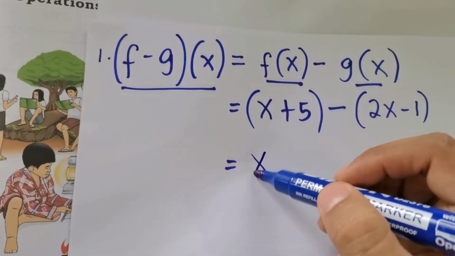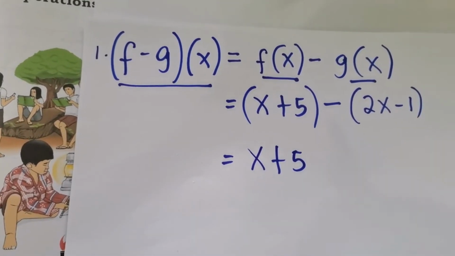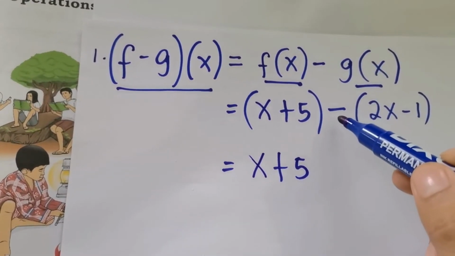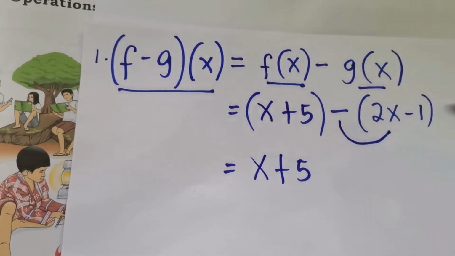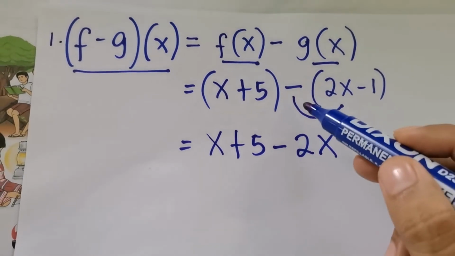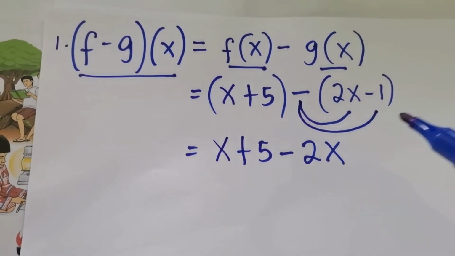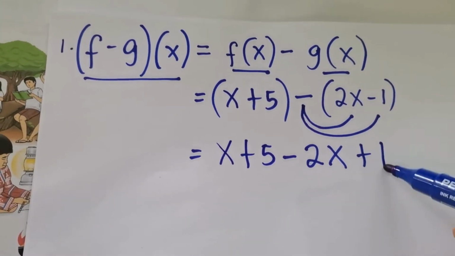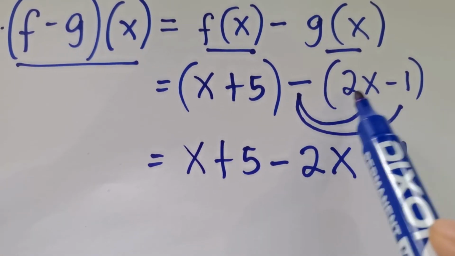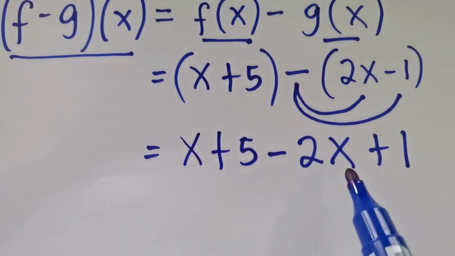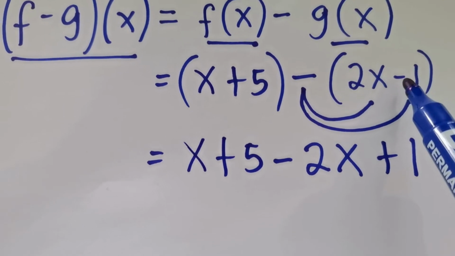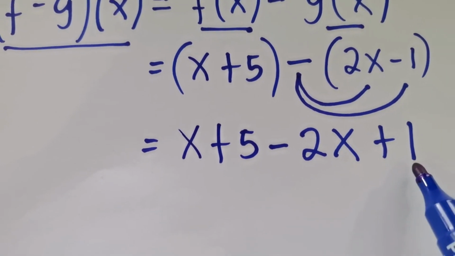Just copy x plus 5 and then distribute the negative sign, that is negative 2x plus 1. Again, that is simply negative times positive 2x, that is negative 2x, and then negative times negative 1, that is positive 1.